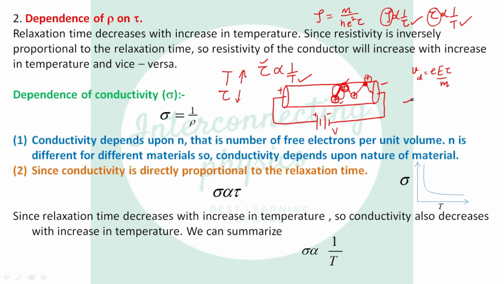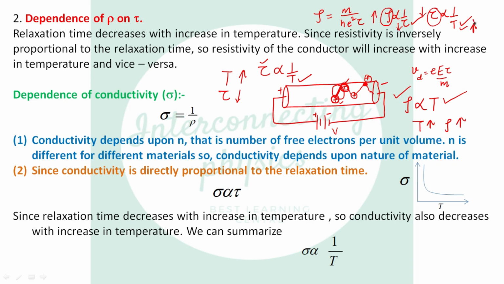That means resistivity is directly proportional to temperature. According to this relation, if temperature increases, relaxation time will decrease, and if relaxation time decreases, the resistivity will increase.